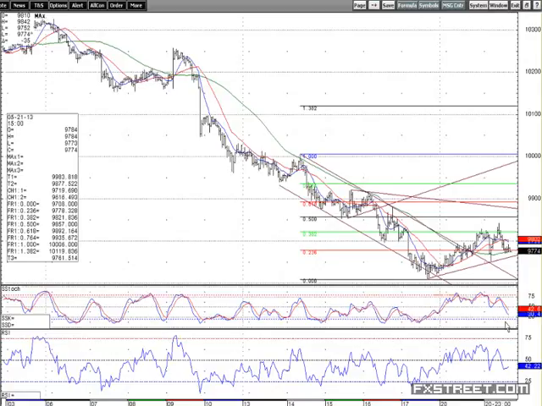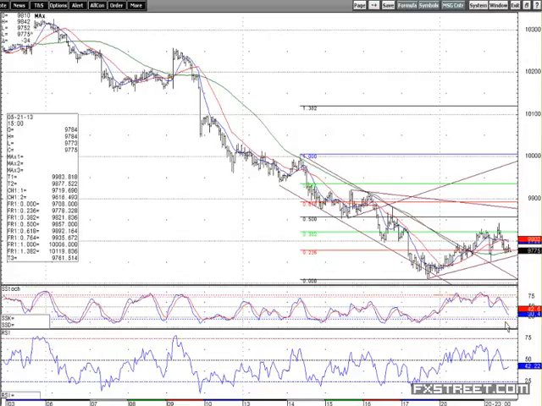So this is why I use them to get in and out of trades, because they do tell you more information. And when they diverge, it's just a double bubble, really. You have to keep your eye on the price and the stochastic to get that turn in the market.